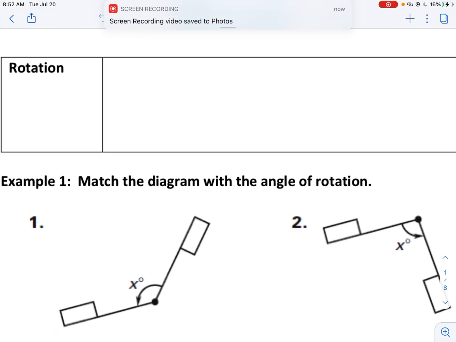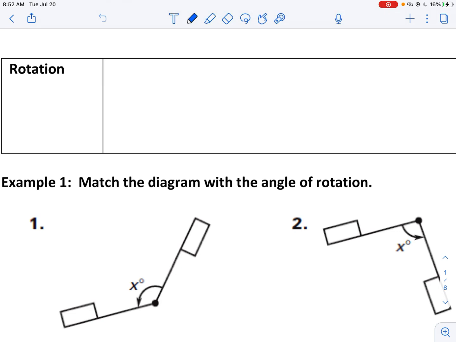So here we have a rotation. Rotation, we are going to rotate it 90 degrees, 180 degrees, and 270 degrees.